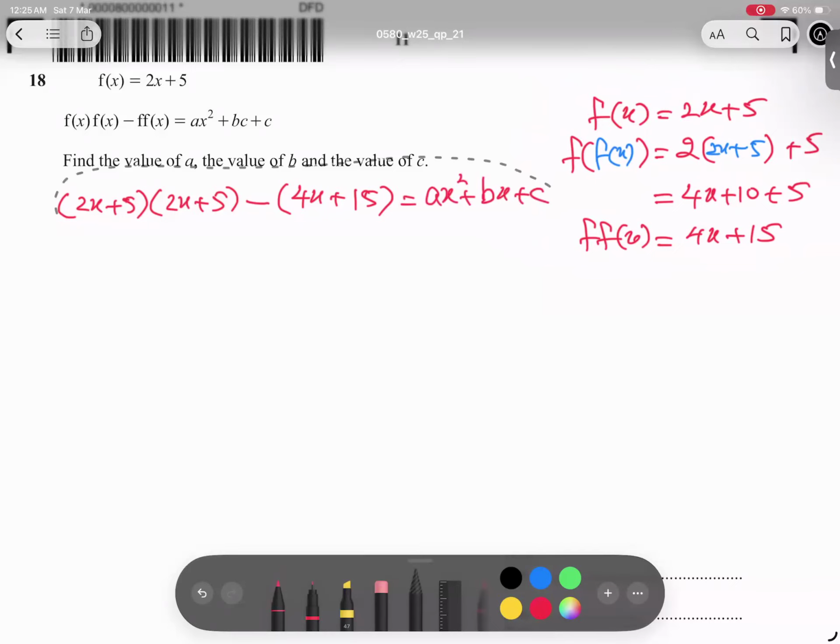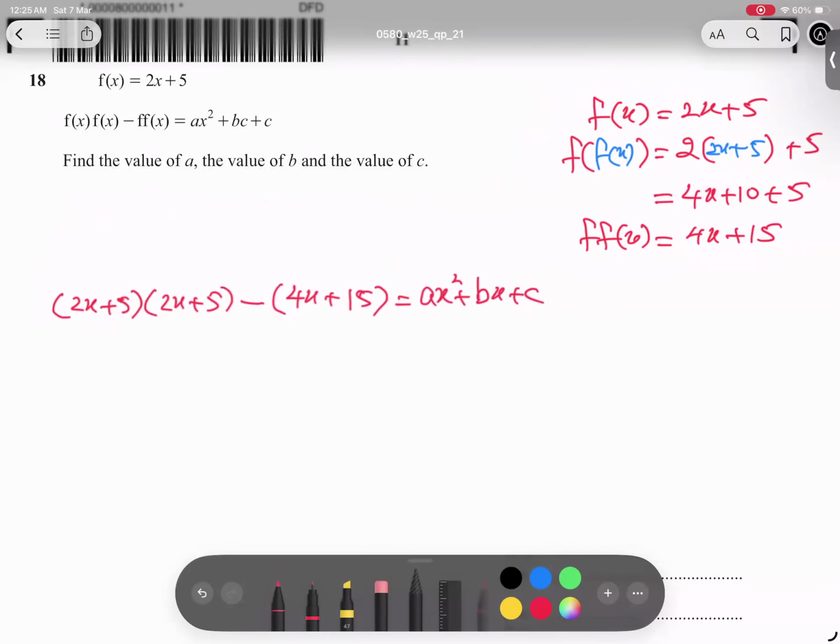Now, students, what I'm going to do now? I'm going to multiply them. So 2 into 2x becomes 4x to power 2. This into this, 2 5s are 10x. And this into this, I get 10x. This times this, I get 25.